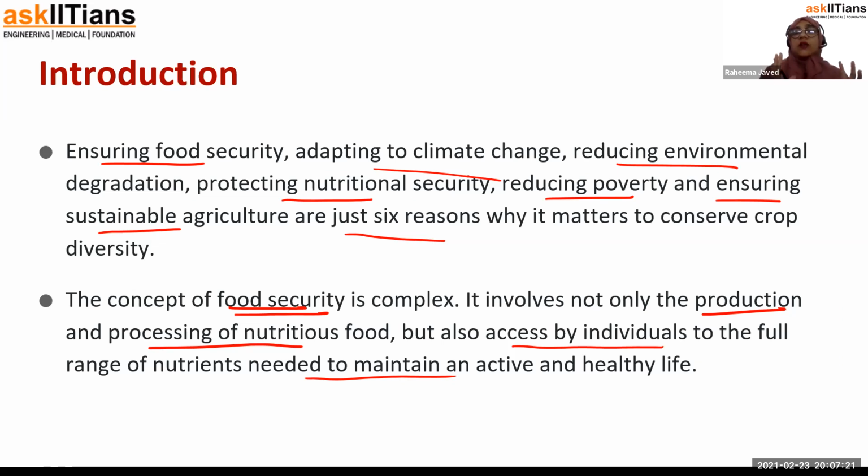We discussed about reducing environmental degradation. We discussed about protecting the nutritional security and obviously reducing poverty. These are the six things that you have to remember when you are talking about the need for crop variety improvement. So I'm going to list them on the next slide also.